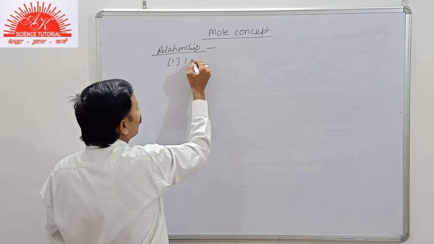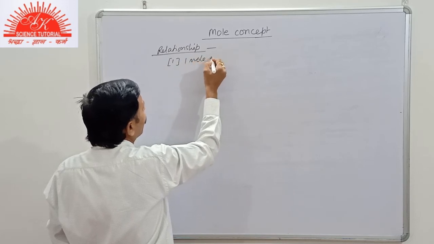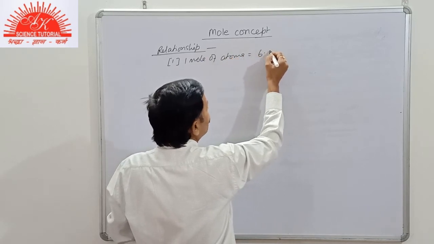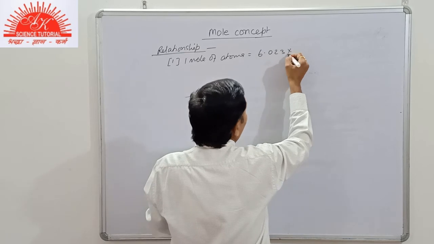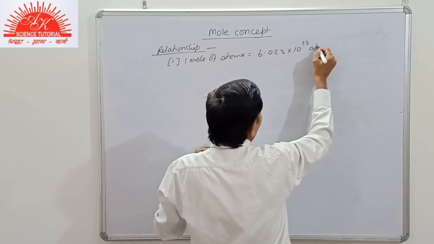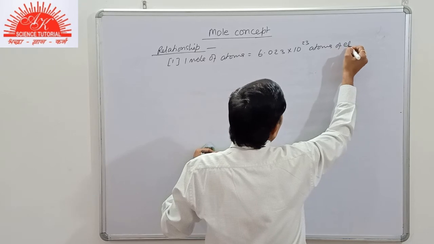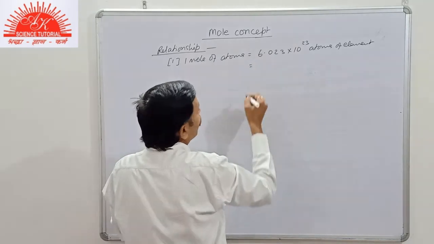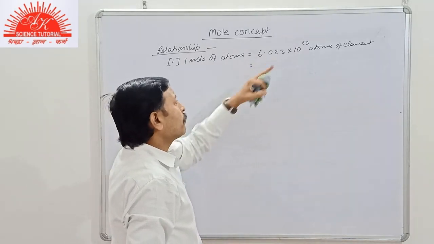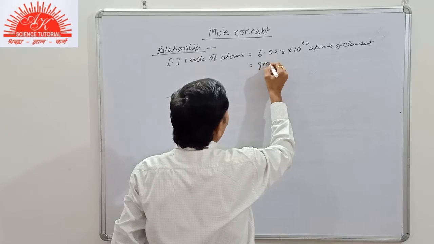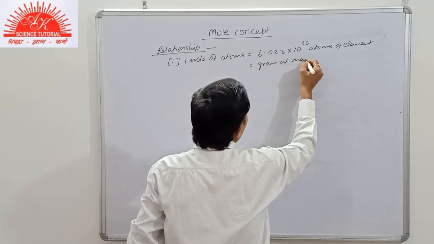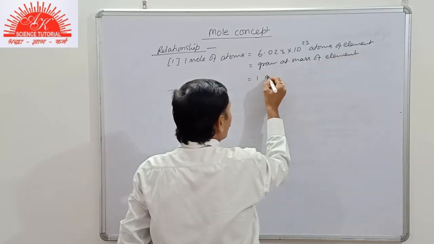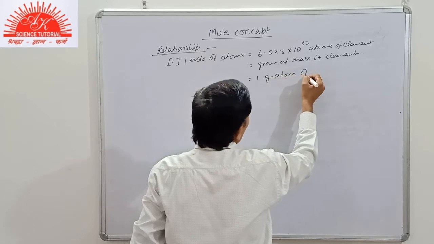Now write 1 mole of atoms is equal to 6.023 into 10 power 23 atoms of element. We have used according to definition. Now further we have used that this much number of atoms will be equal to gram atomic mass of element, and it is also known as 1 gram atom of element.